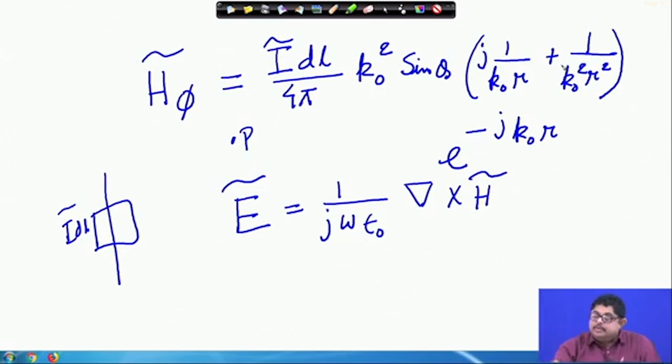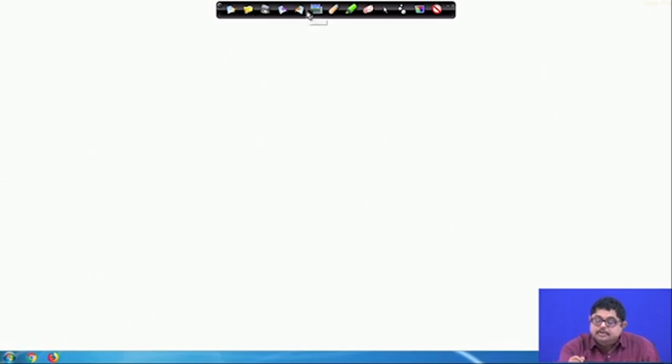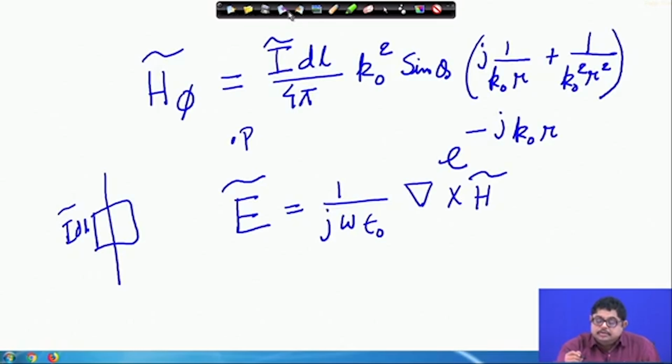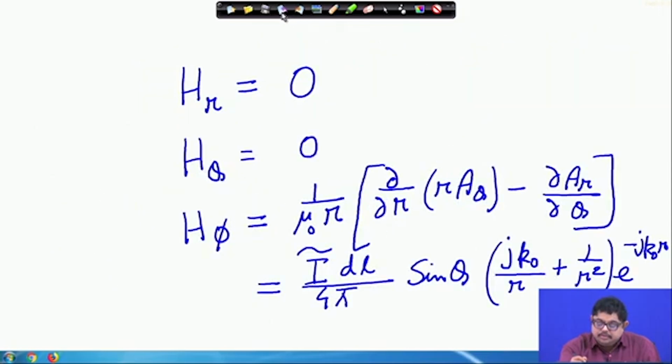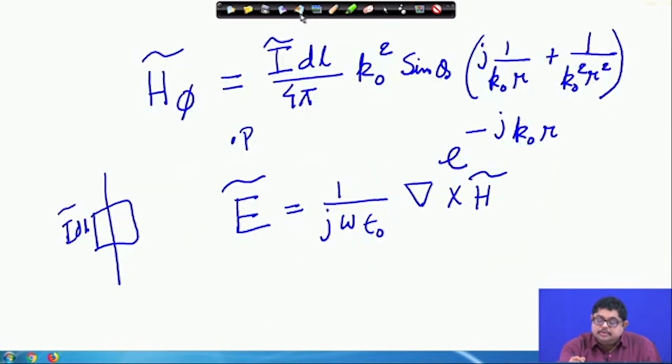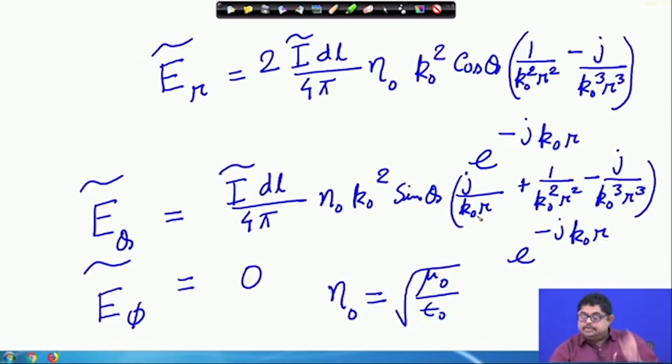Instead of writing it as 1 by r, we have written it in terms of k naught r, k naught r whole square, k naught r whole cube. We have a specific purpose for this that I will explain later, but what is this k naught r?